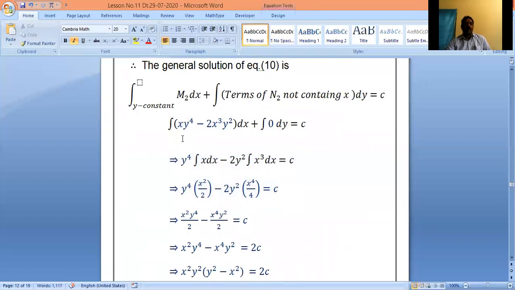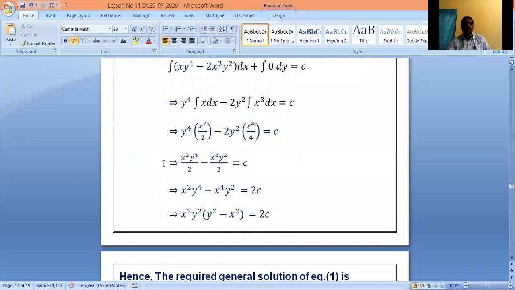That implies here integrating with respect to x, treating y constant. In the first term, y to the power of 4 is constant. Therefore, it can be written as y to the power of 4 into x dx minus, in the second term, 2y square is constant. Therefore, 2y square into x cube dx is equal to c.